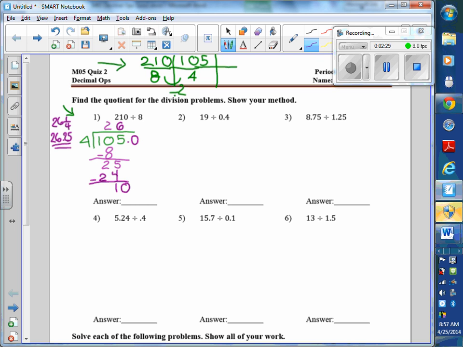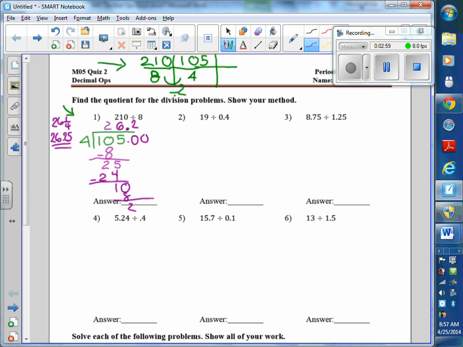Yeah. But if you forgot about that, then you could bring that decimal up, and now you say 4 goes into 10, 2, and then you get an 8, right? So I'm going to have to subtract. Again, I'm sort of out of room there. But when I subtract, what would I get? 2, right?